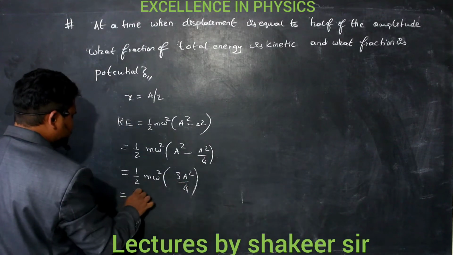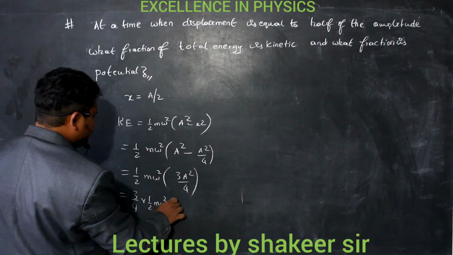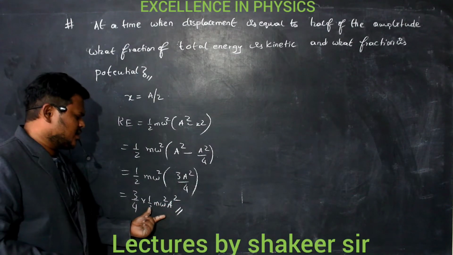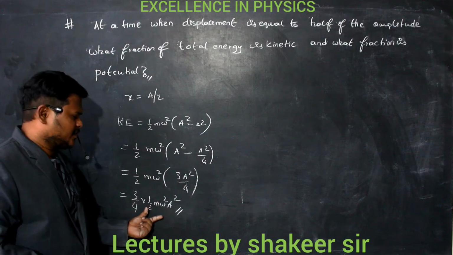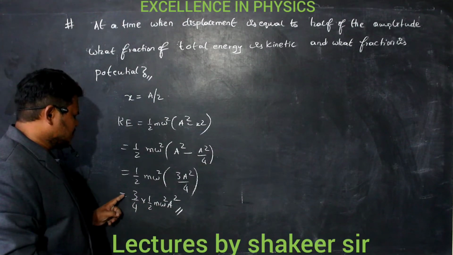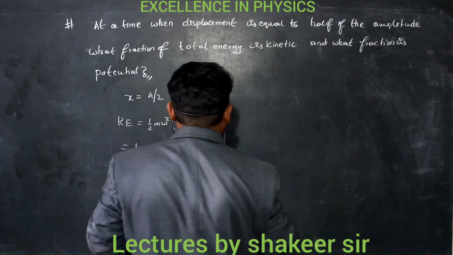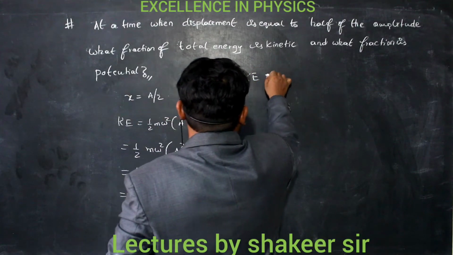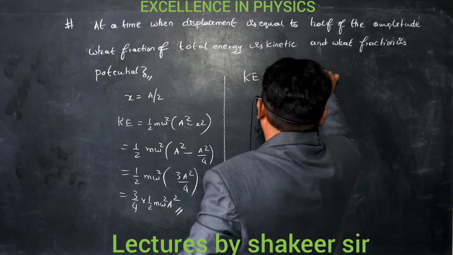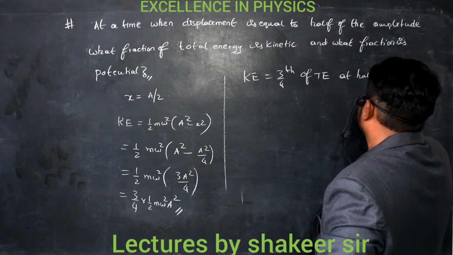So this is 3 by 4th of half m omega square a square. And half m omega square a square, we know, is total energy. So at a displacement of half of the amplitude, kinetic energy is 3 by 4th of total energy.